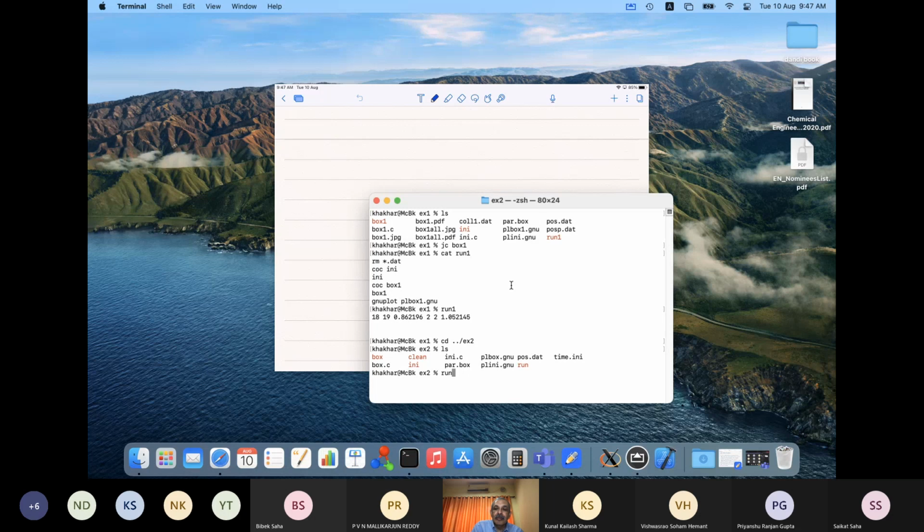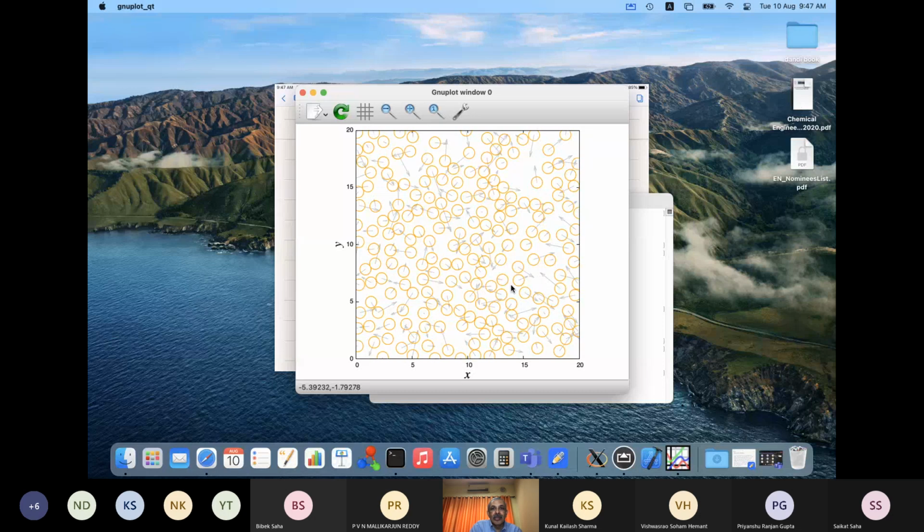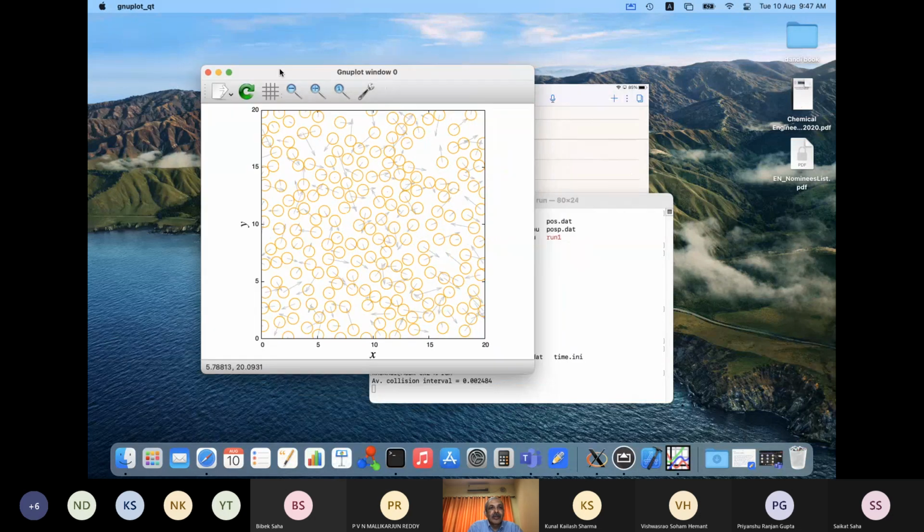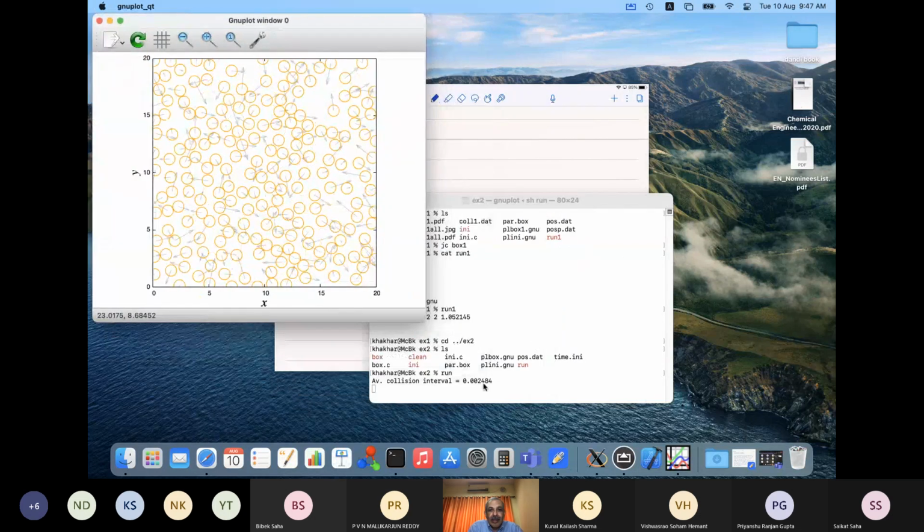In this program, it keeps on running for a long time, for many collisions. You can see here that after several collisions have taken place, the average time between collisions is 0.002 because I have taken a lot of particles.